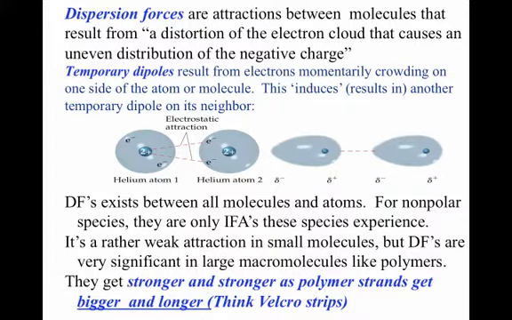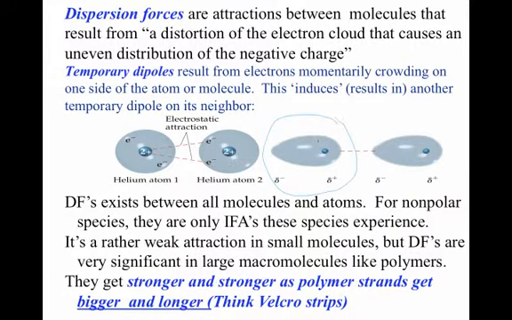So if we look at the helium down here, I've got two helium atoms right here. Helium atom 1, helium atom 2. The electrons are moving inside of the electron cloud, and at some point statistically they're going to be on one side of the cloud. And that's what the next picture is over here.